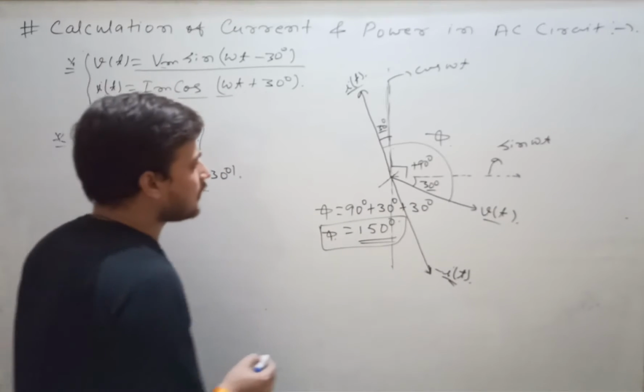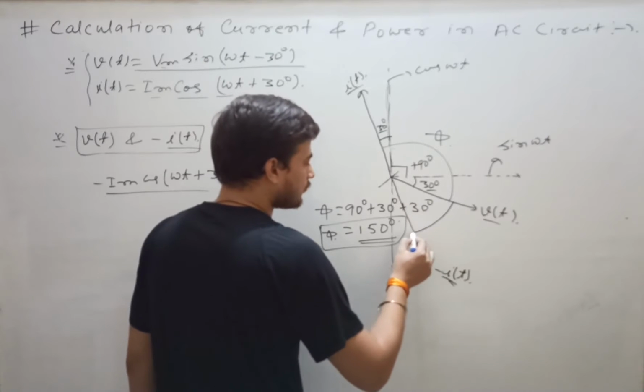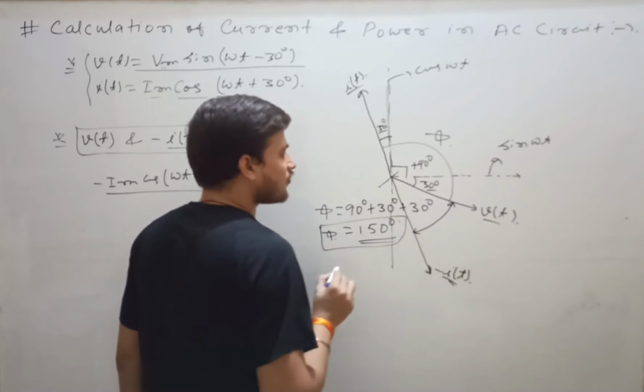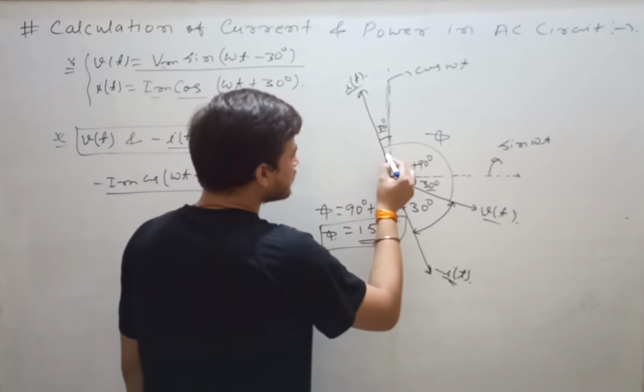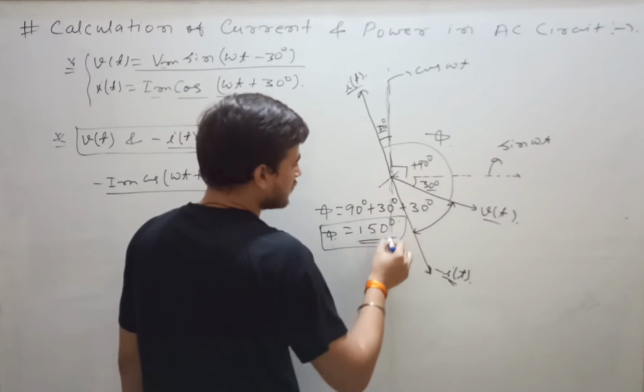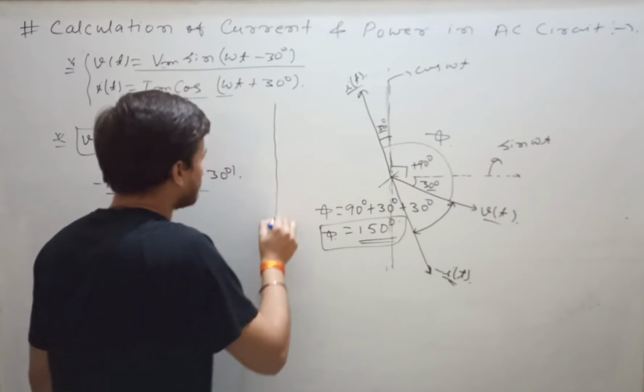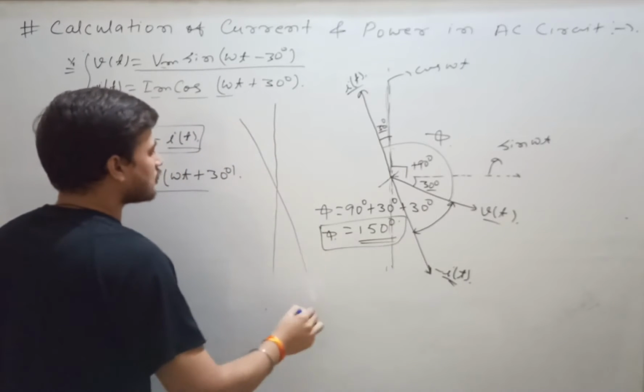Now you have to find this angle. So how will you find this angle? You see here, this is 30 degree. You see this line, this is the vertical line and this is the horizontal line.